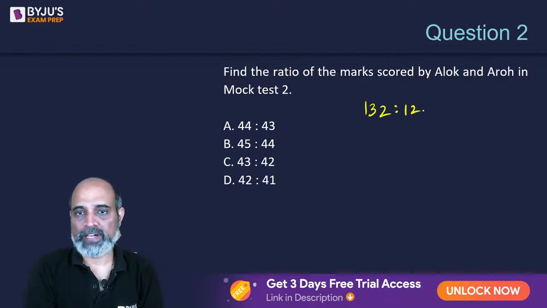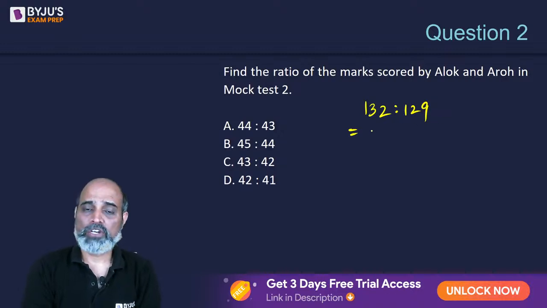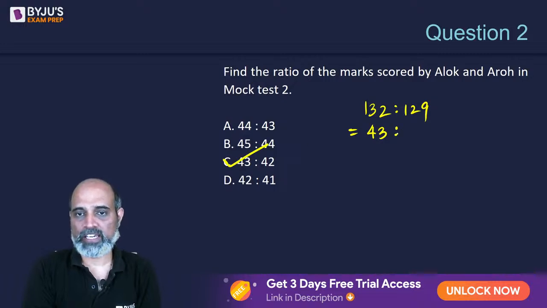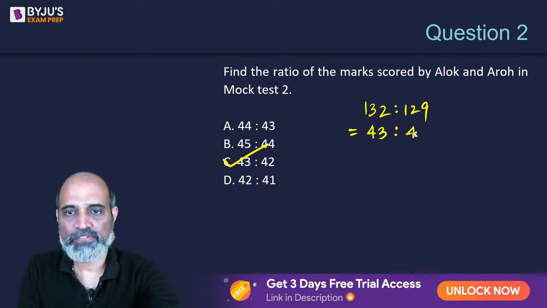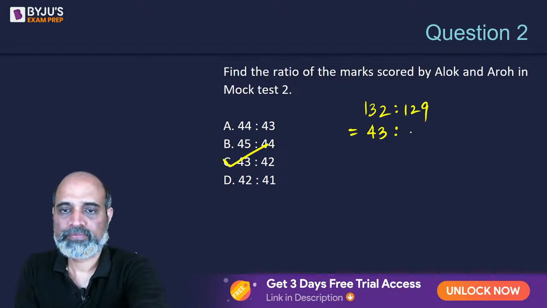This is the ratio that is asked. They both are divisible by 3. So this is going to be 43. There is only one option, that is 43.